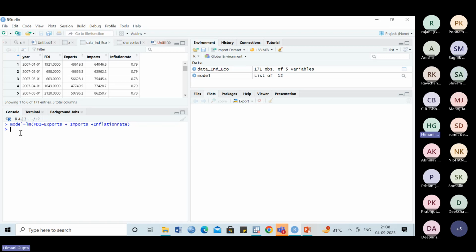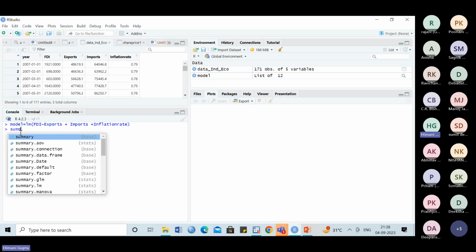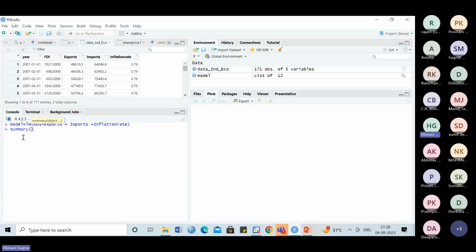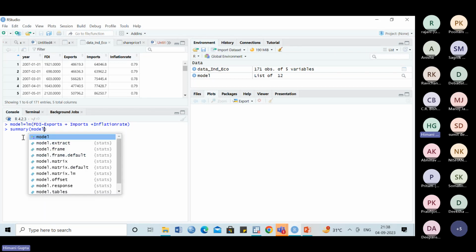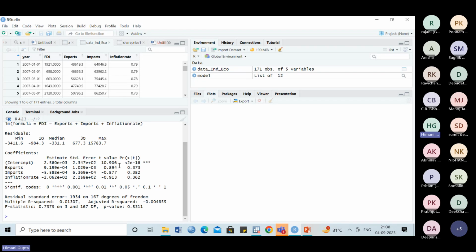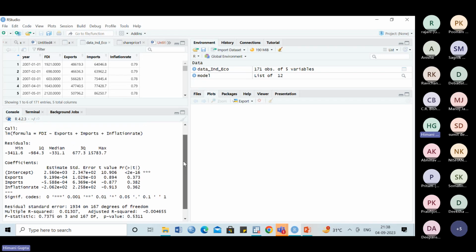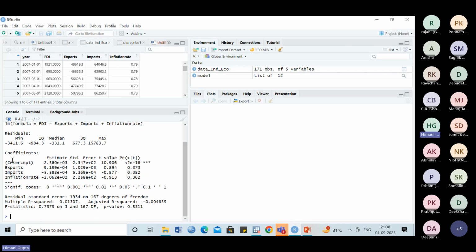Yes, ma'am. Now we have seen that our model is there. I have to see whether all these variables are explaining the dependent variable or not. So you will write summary and your model. Whenever you create the model, this type of sign will be there in your R. You can either click over here or just write summary of model. You will get all the details: your intercept or constant, exports, imports and inflation rate.